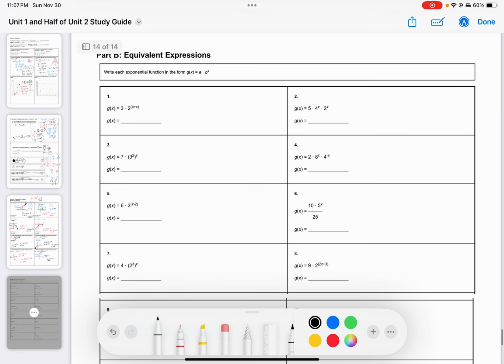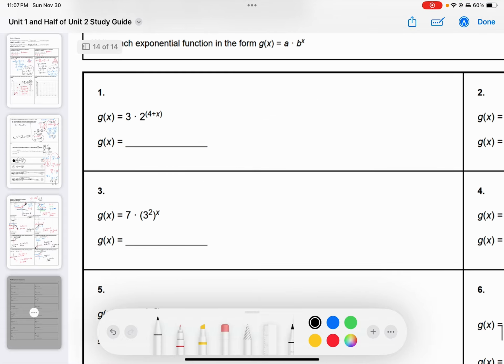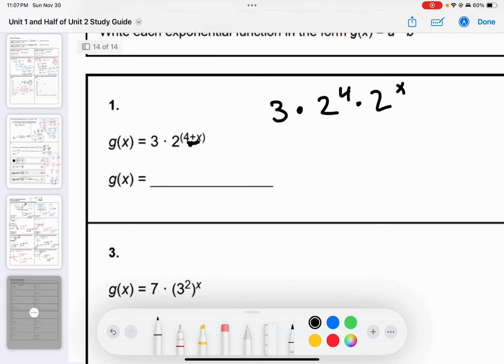What about exponential equivalent expressions? All right, so let me rewrite some of these. 3 times 2 to the 4th plus x. Knowing my laws of exponents, I could rewrite this as 3 times 2 to the 4th times 2 to the x. Right? Because when I'm adding exponents, really I'm just multiplying those.